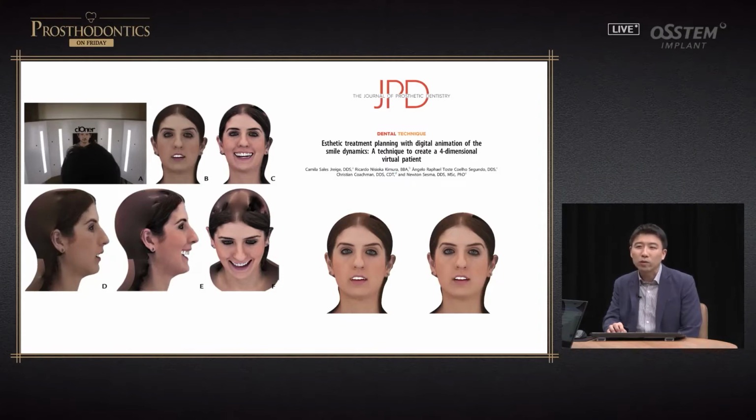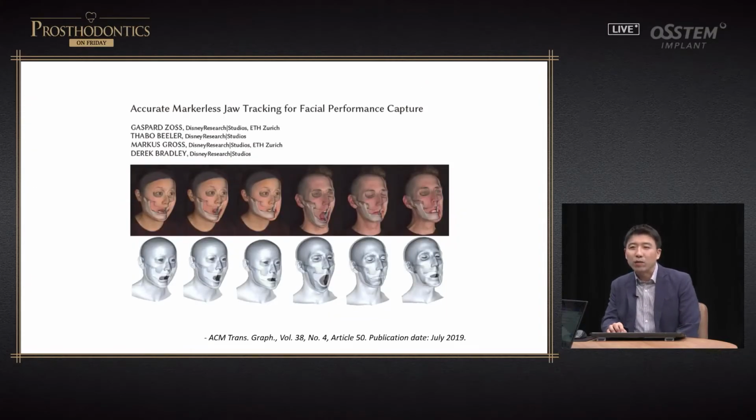This study is done by Disney. There is a Disney Research Center. Based on the changes on skin, non-linear mapping is done to track mandibular movement. The deviation is approximately 4 to 5 millimeters.